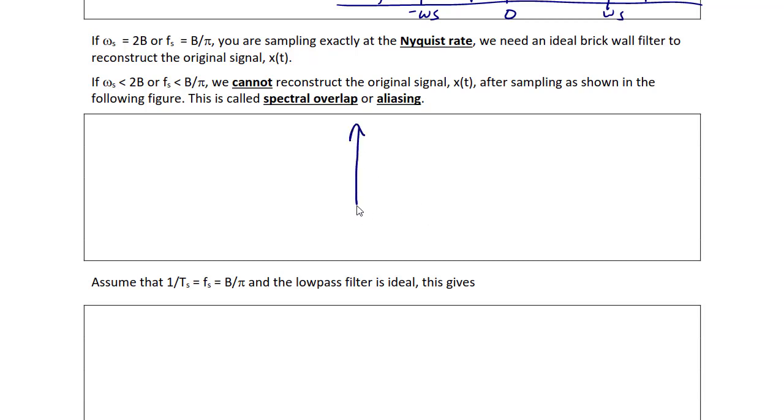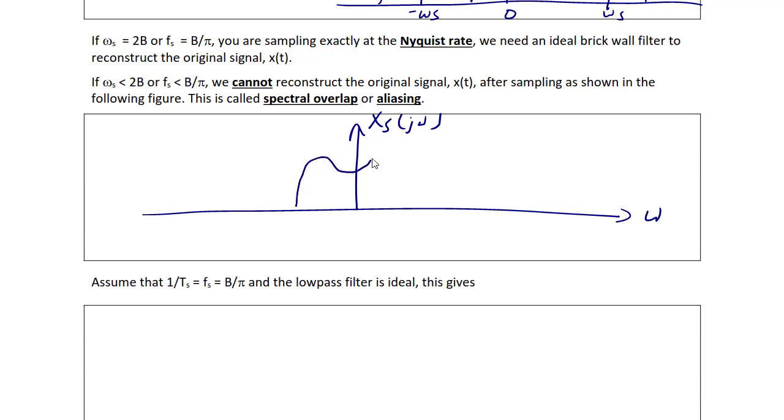So here's what it would look like if you sample below the Nyquist rate. This would be Xs of j omega. So here's the original signal. And you now would have aliases like the following.